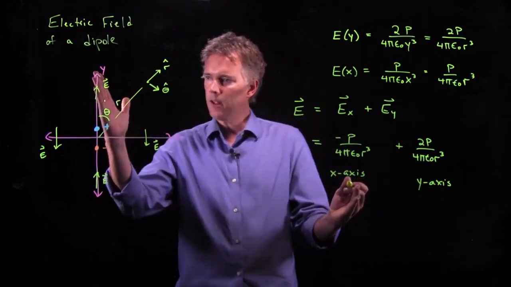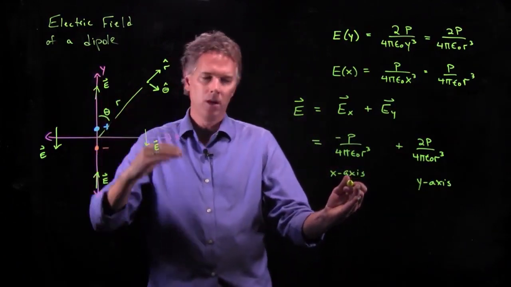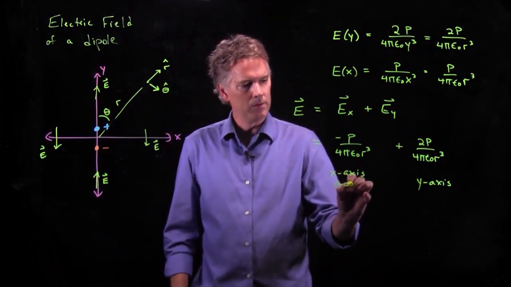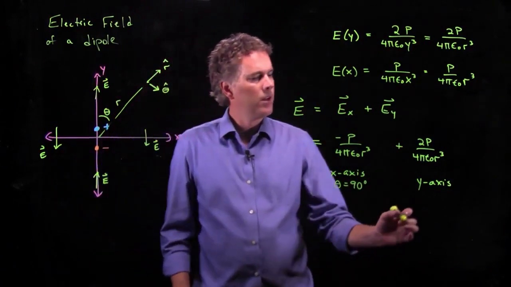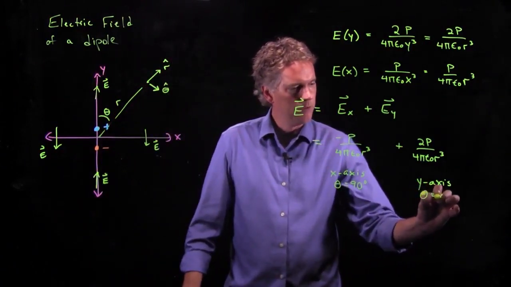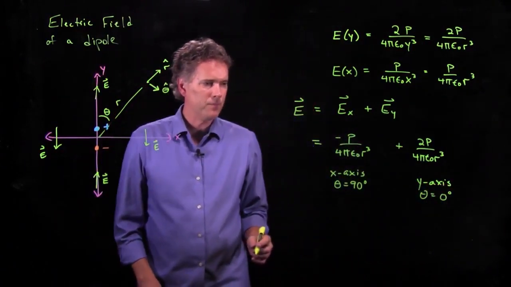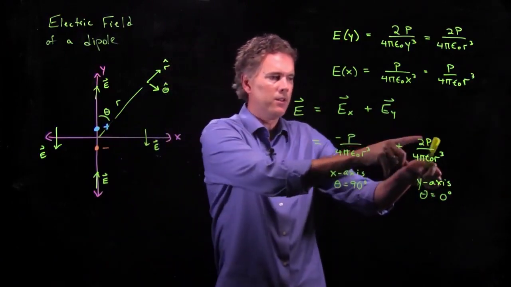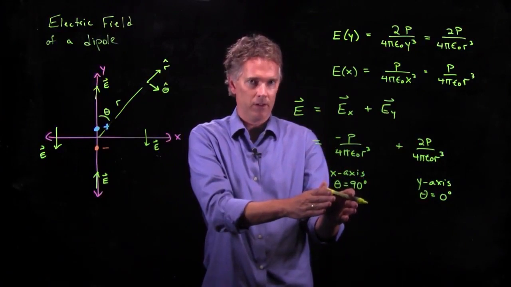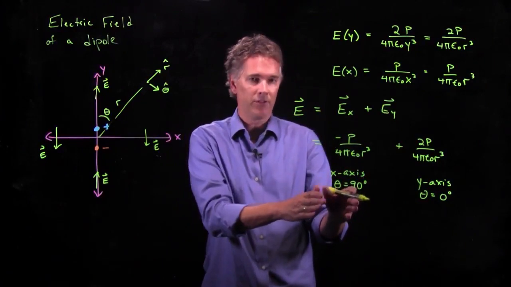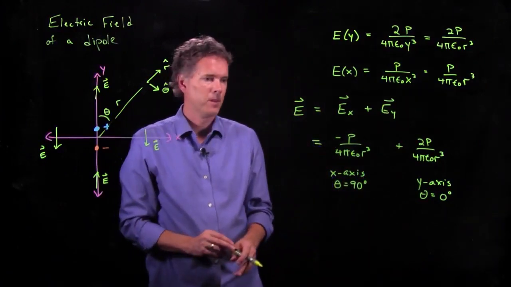Well, if I'm all on the x-axis, then theta would be 90 degrees. If I'm up here on the y-axis, then theta equals 0 degrees. So whatever I put into this equation, I need to make sure that it satisfies the correct limits as theta goes to 0 or 90.